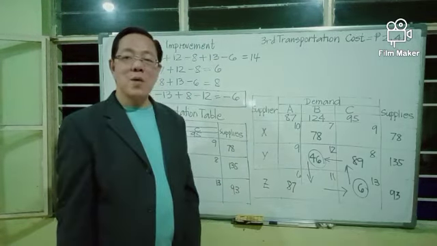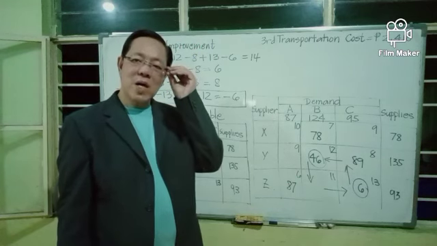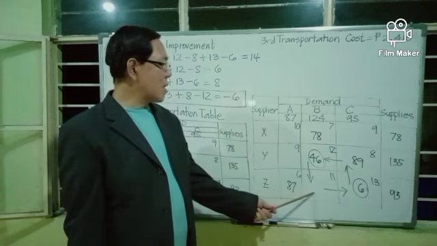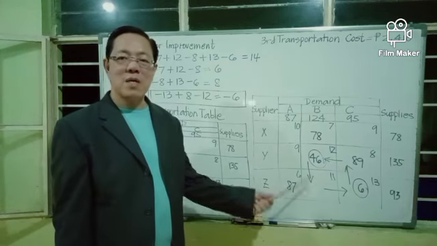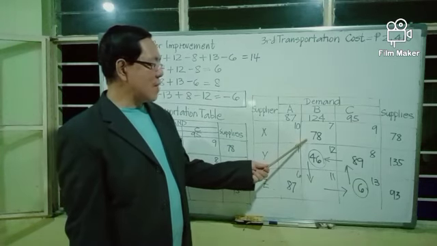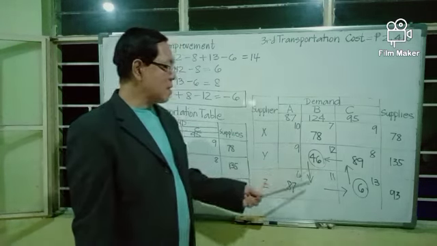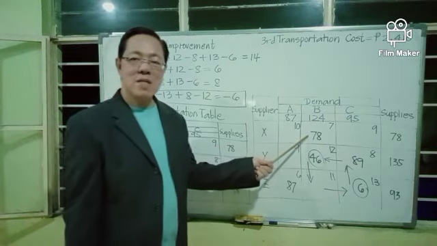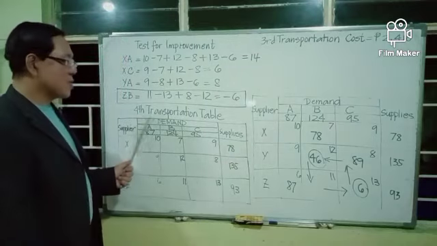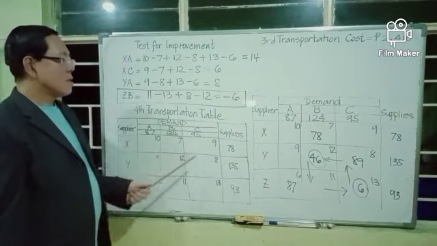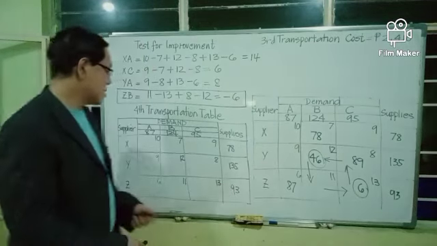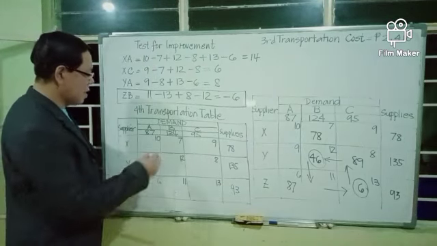Now, all the numbers in the occupied cells that are not in the closed spot for the vacant cell CB will remain the same in the fourth transportation table. These are 78. 78 is not in the closed spot. So 78 will remain 78 in the cell XB in the fourth transportation table.